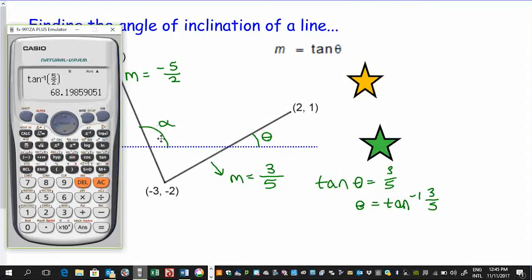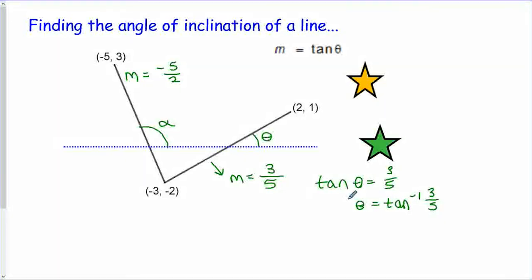So this angle over here, where my mouse cursor is, is 68. So this one over here will be 112, right? So just to close that out, the angle of inclination of this line, this angle theta, is going to be 31 degrees, and this one's going to be 112 degrees, right?